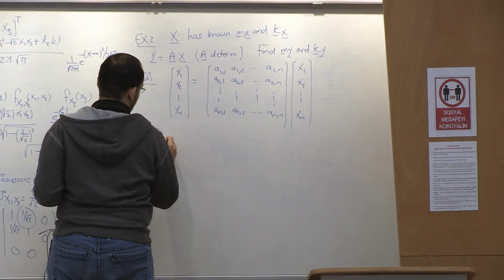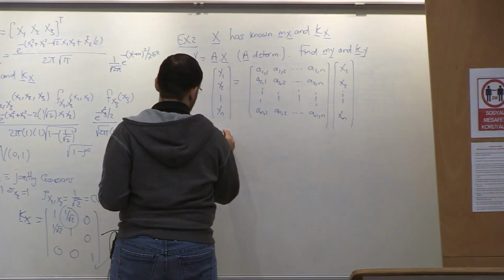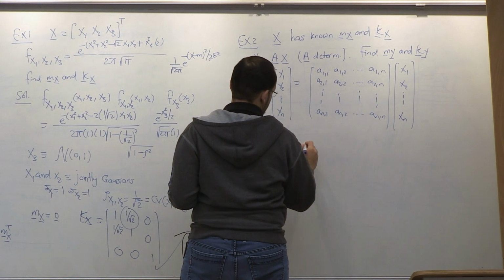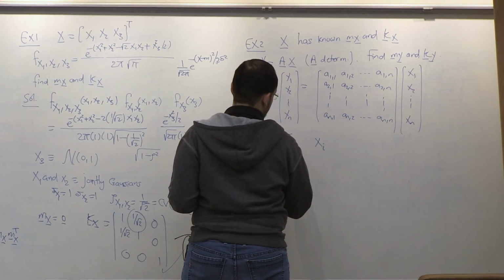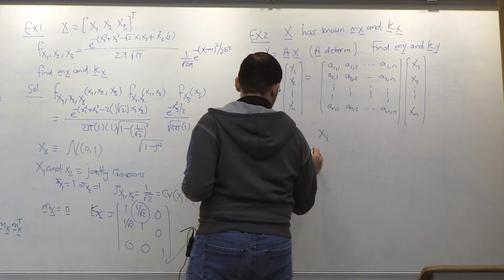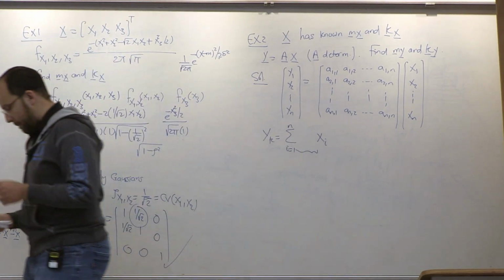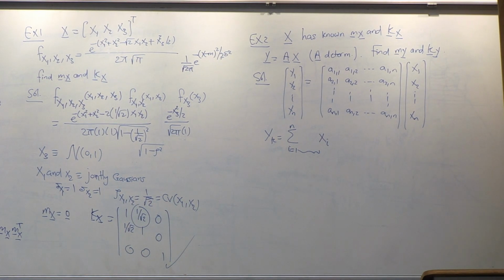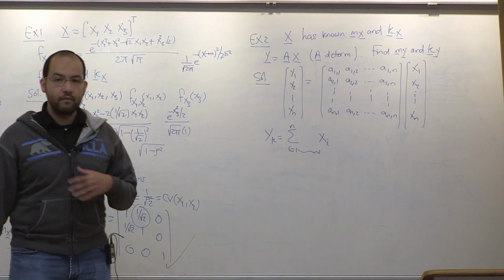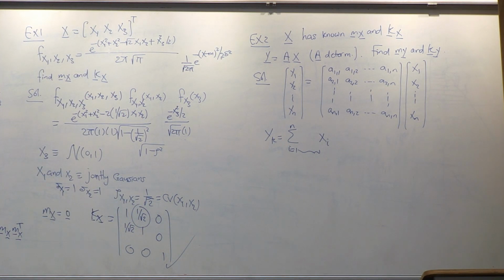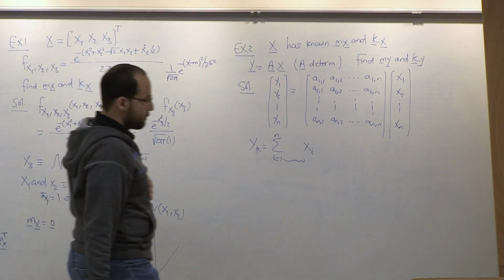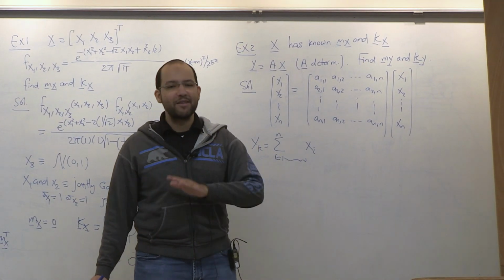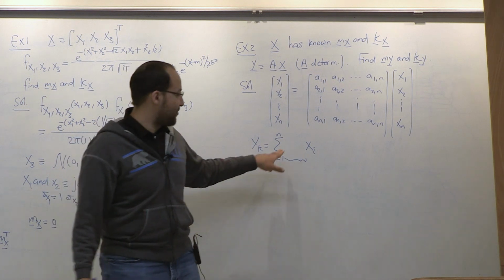Okay, let's try to write yk in terms of these x's. Summation xi, i equals 1 to n. What should we put here?